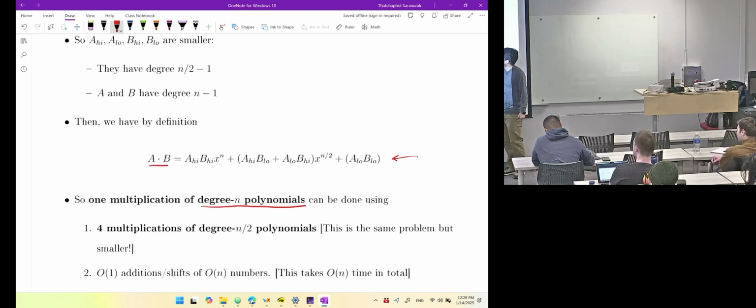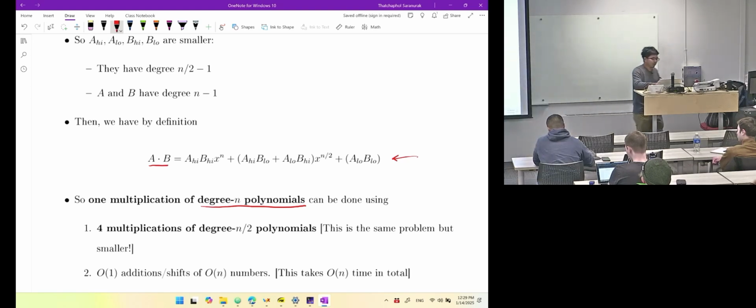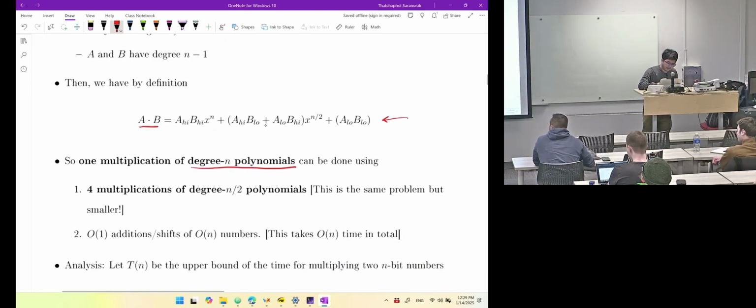Once you have multiplied these four things together, what else do you need to do? You just need to add polynomials and do some shifting.